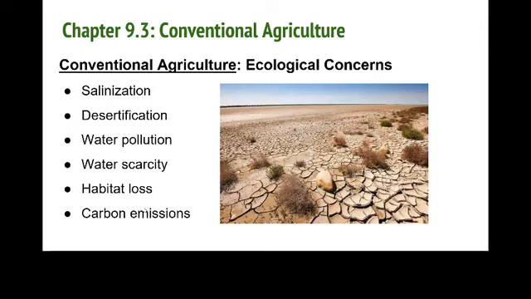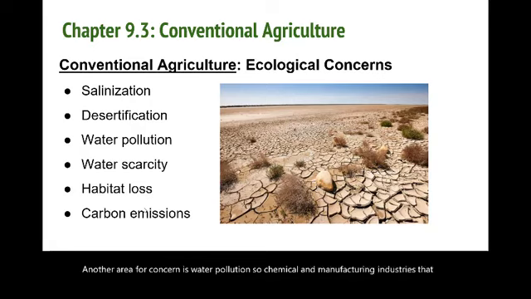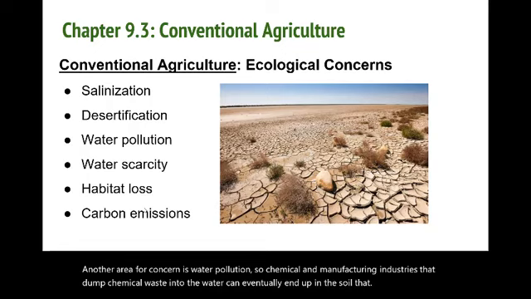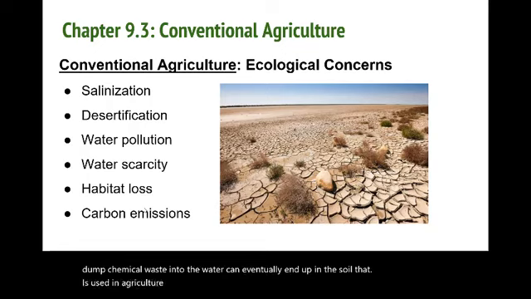Another area for concern is water pollution. So chemical and manufacturing industries that dump chemical waste into the water can eventually end up in the soil that is used in agriculture. So having decreased amounts of water, having less land, so a decreased area for crops to grow.